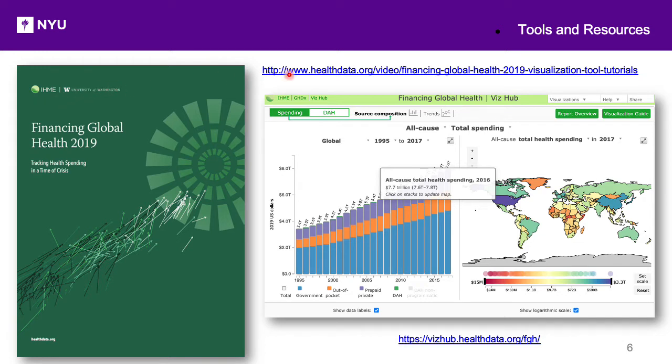And in fact, this data is also available here, where you can go and see the difference in terms of financing for global health. You can see it at the country level, and you can see it based on different health areas. And of course, as I've stated before, you can access it here. I think it has a lot of useful information in terms of financing at the global health level for a whole host of diseases.